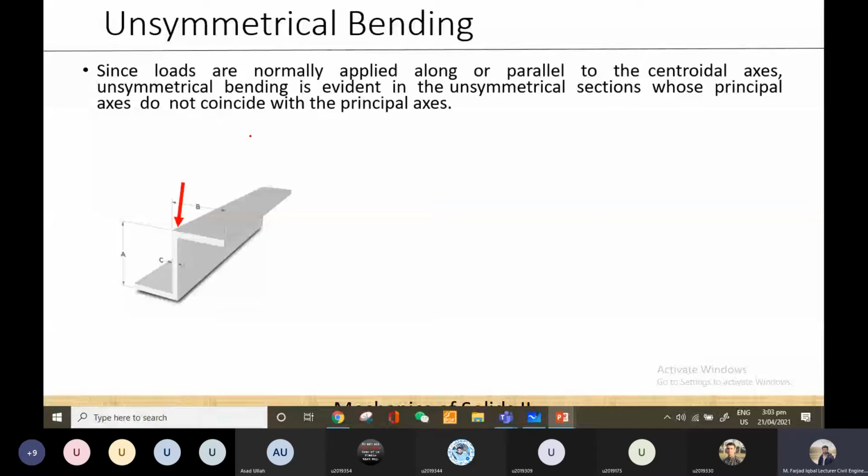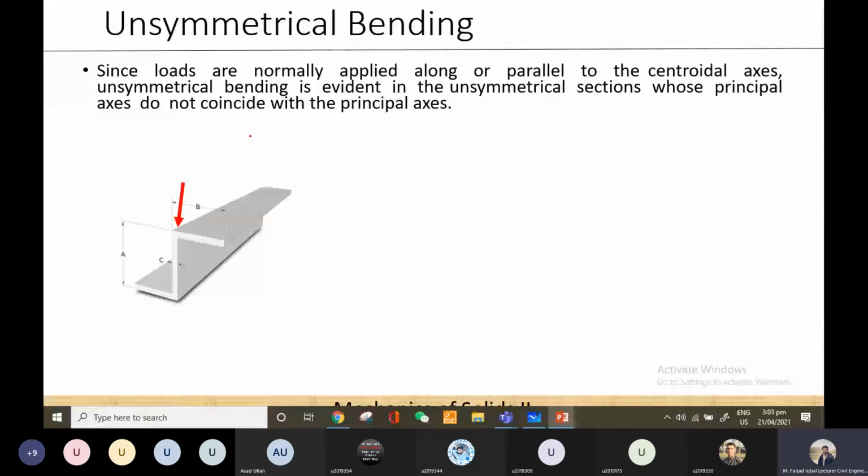So you have to look at the diagram. Obviously, in the cross section, this load has some inclination with respect to the horizontal axis. So you have to see in both directions to see where exactly this load is acting.